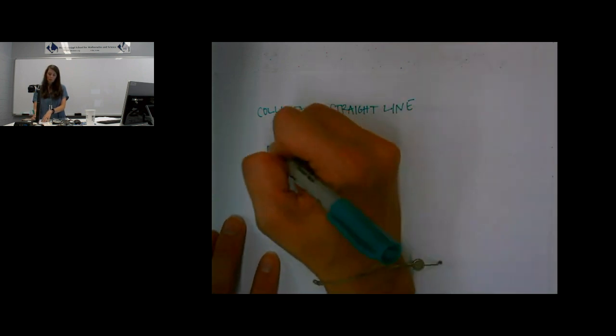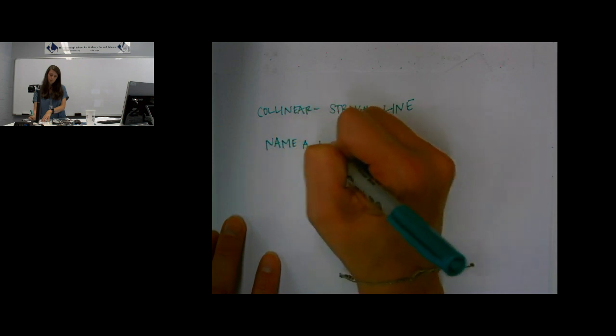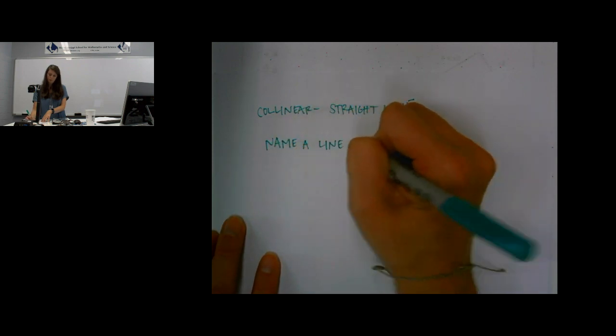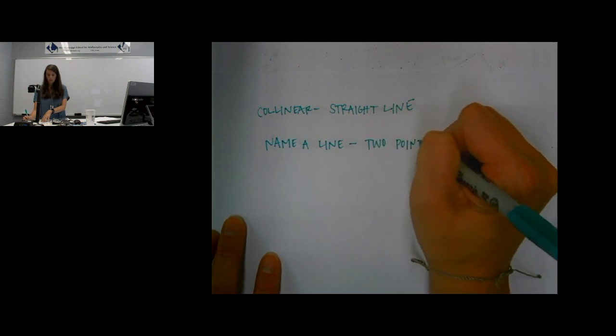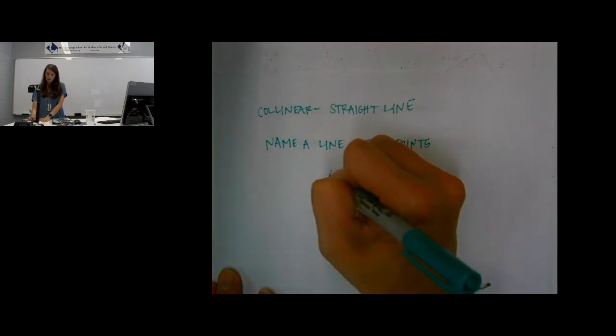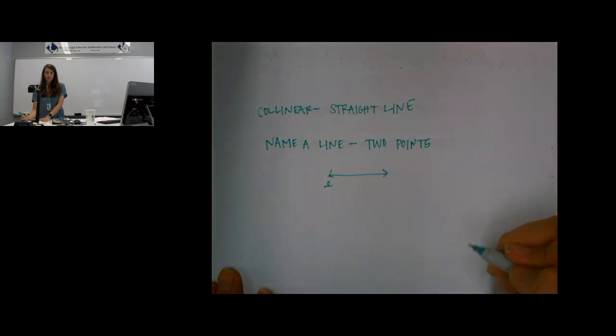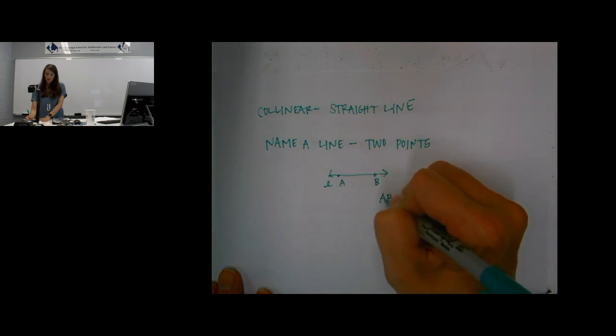Okay, remember you name a line with at least 2 points. Okay, so you can name a line L, okay, or if it passes through A and B, you could also call that line AB.